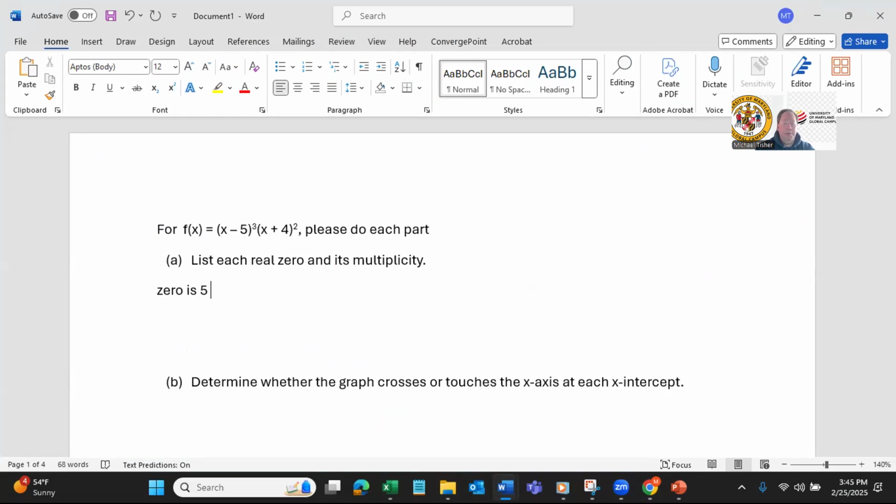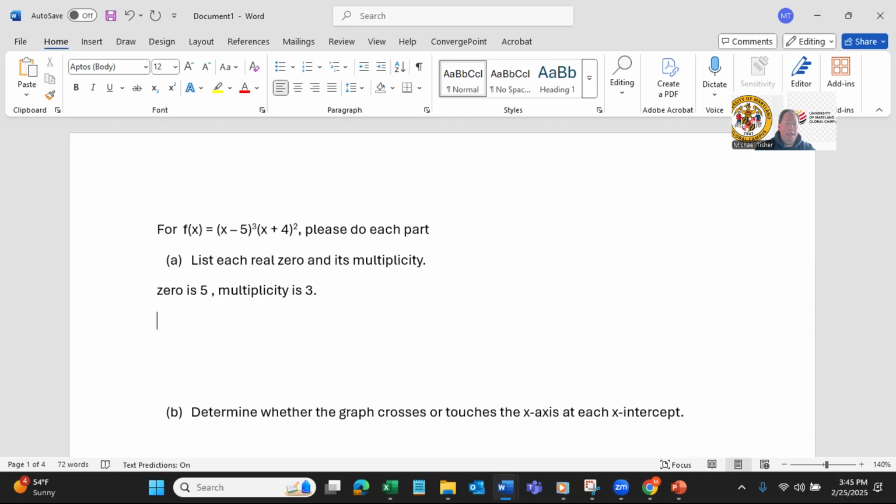Now, it also lists the multiplicity, and the multiplicity is the exponent on that factor. So in this case, the multiplicity of 5 is 0. I'm sorry, the multiplicity of 5 is 3. All right, and now the next zero that we saw is negative 4. Look at the exponent on that factor.